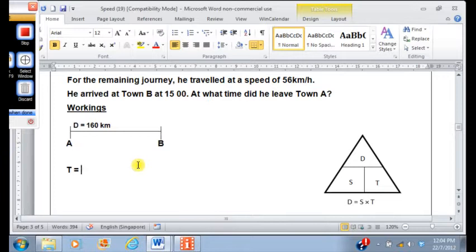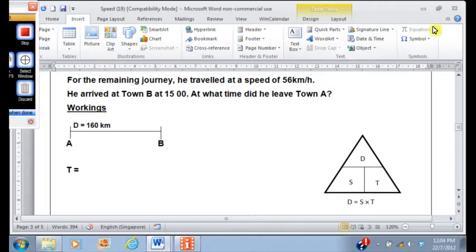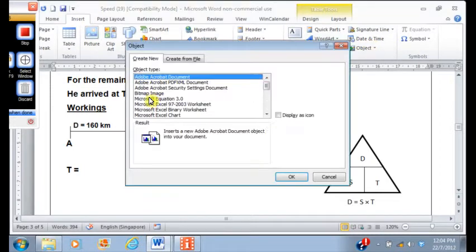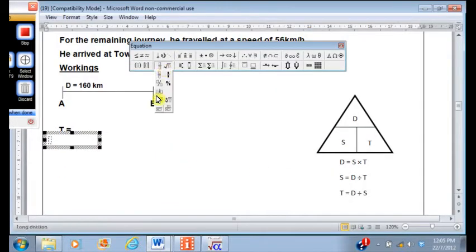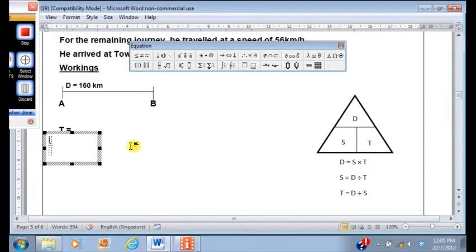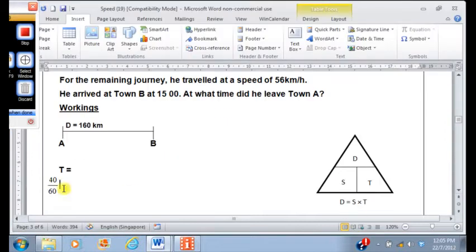So this one will be actually, you need to divide by 60 since 60 minutes makes an hour.